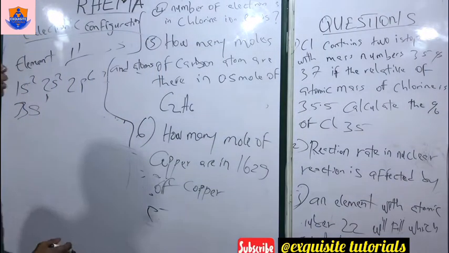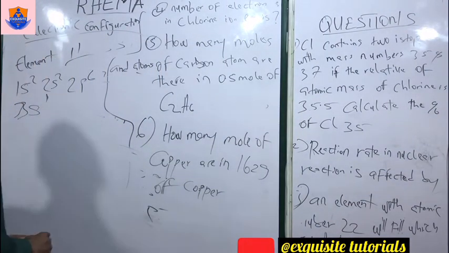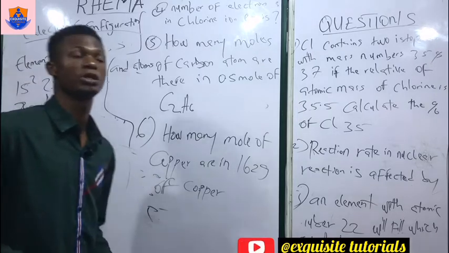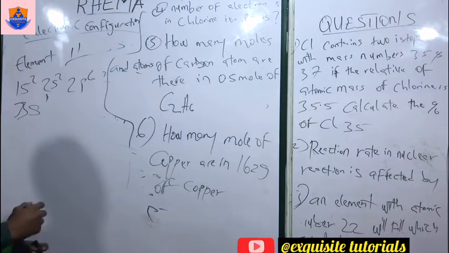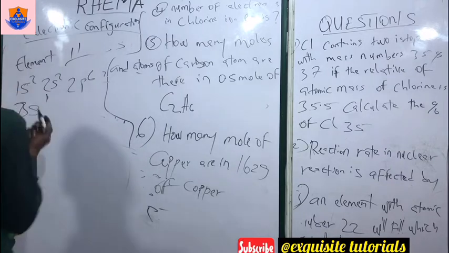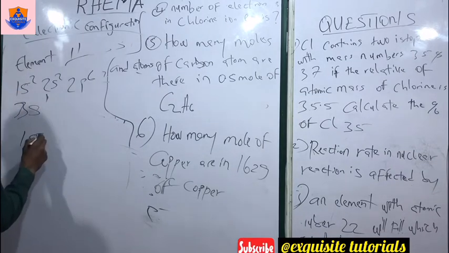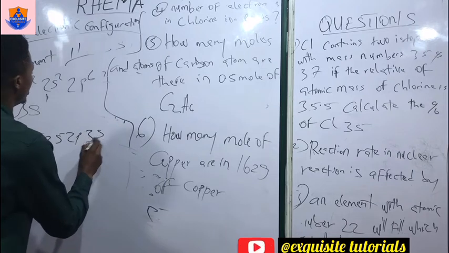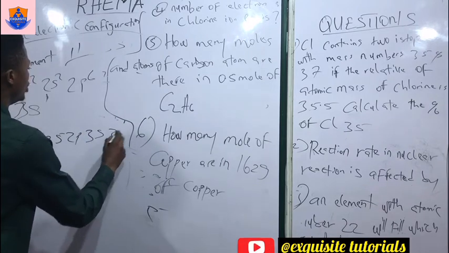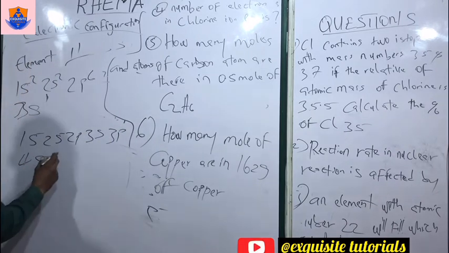This is just how you arrange the electronic configuration of elements. You just follow it. It's like this: 1s, 2s, 2p, 3s, 3p, 4s, 3d.